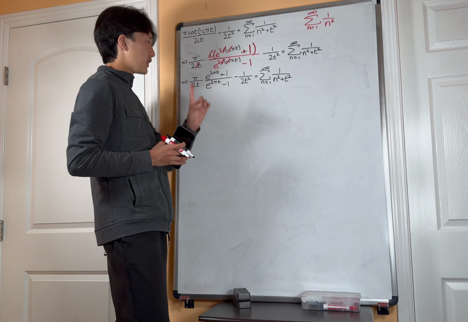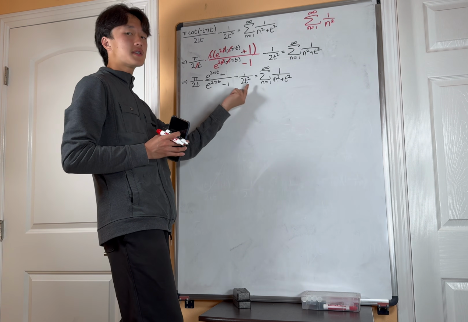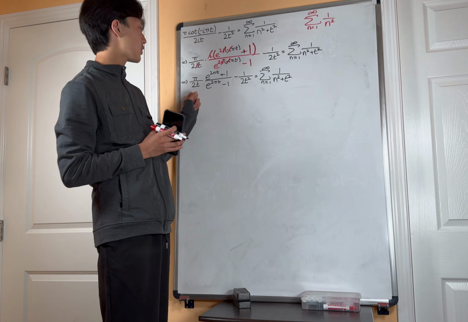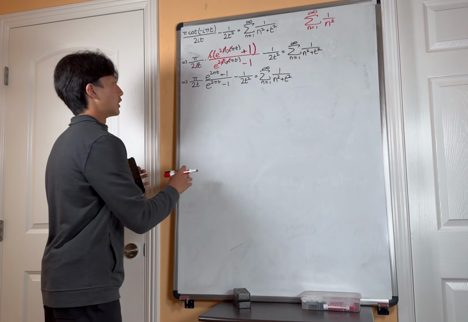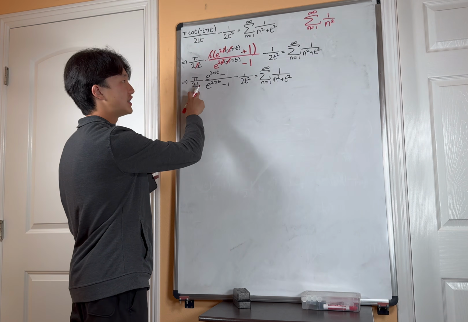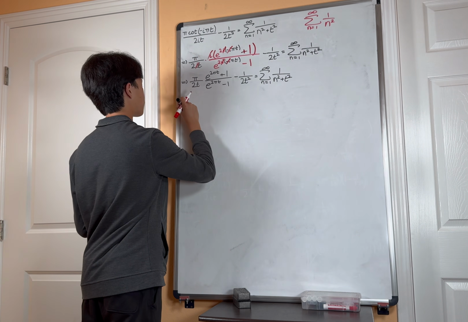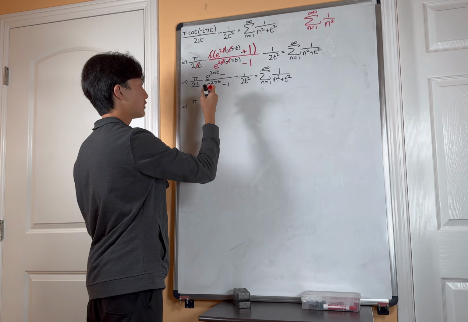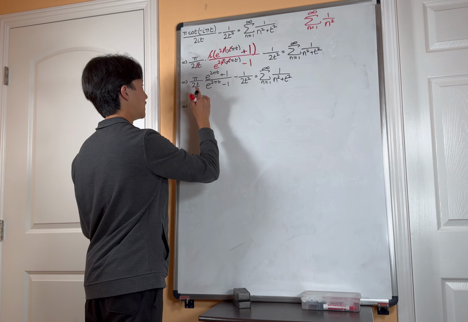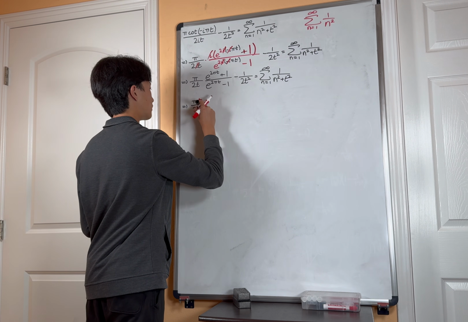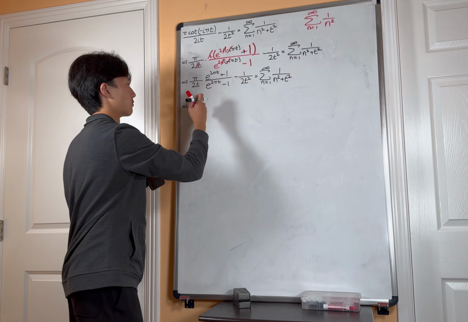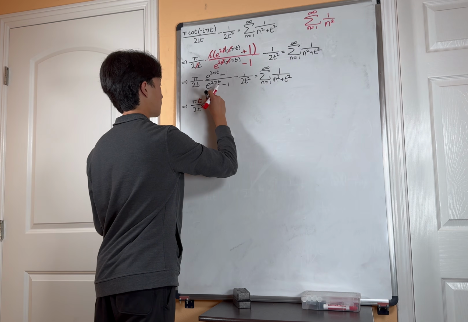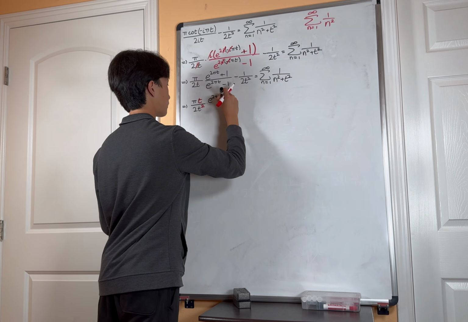What's really messing us up here is this guy, right? This guy's sitting out here alone. So let's go ahead and try to combine these fractions and see where that gets us. On the bottom here, let's try to make this 2t squared. To do that, we just multiply a t on both the top and the bottom. So now we have the 2t squared part in this term right here. But then again, we also have all this other junk.